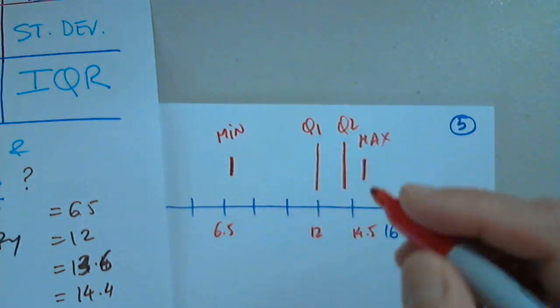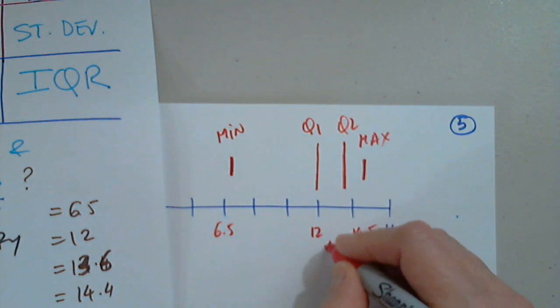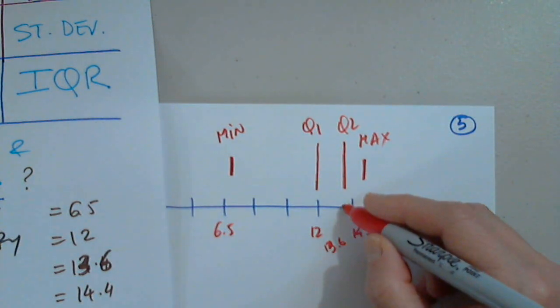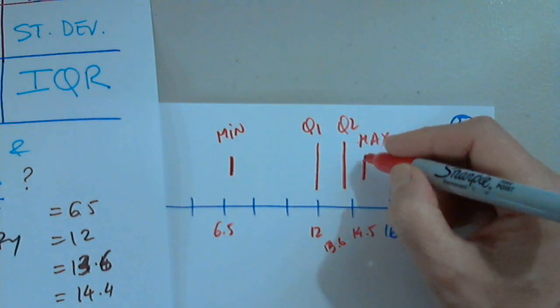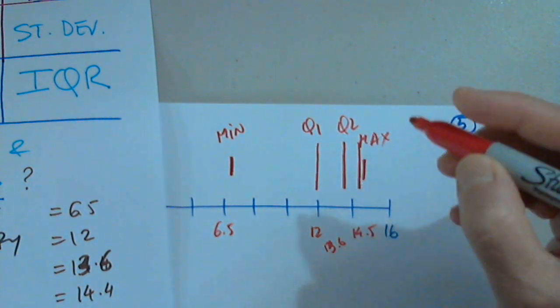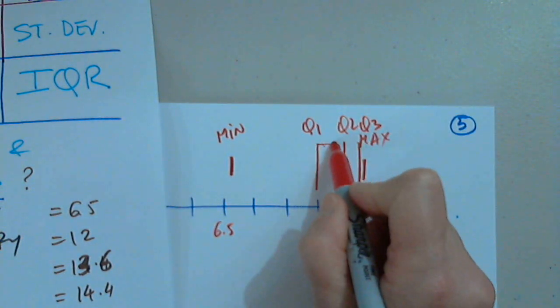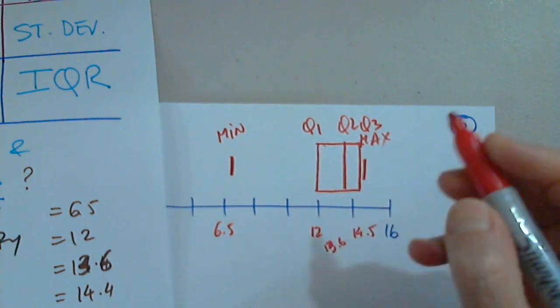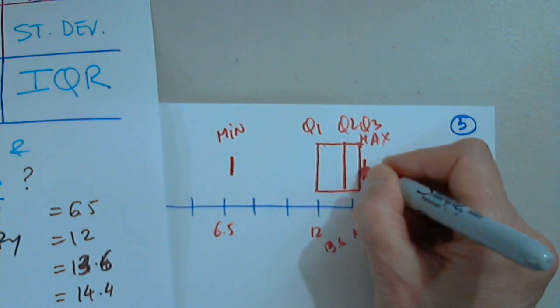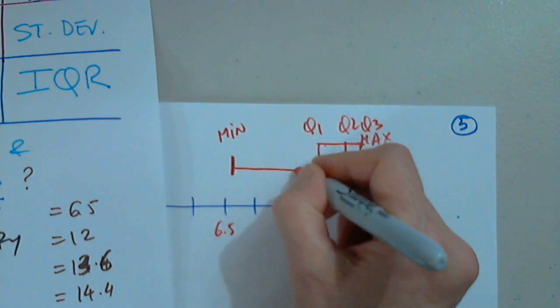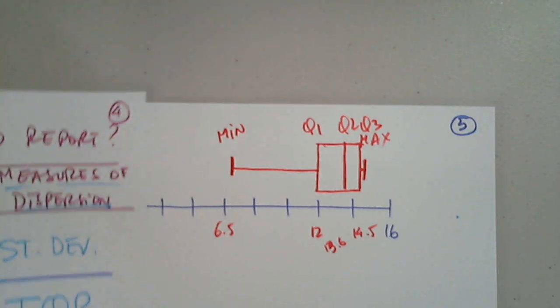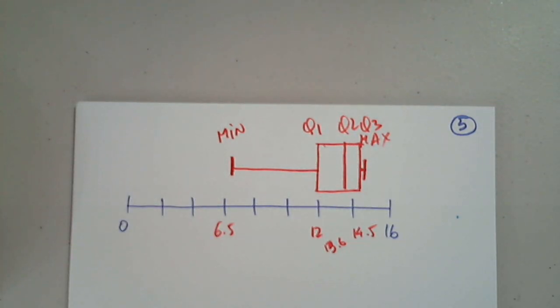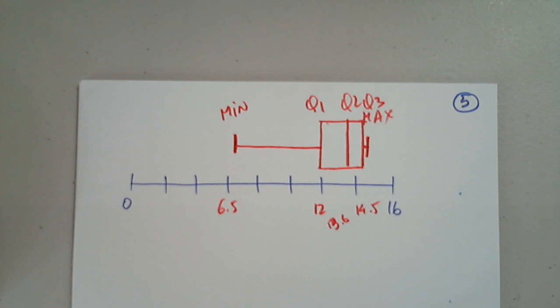So this is Q2 and 13.6. And right here, the next one will be 14.4, and this is Q3. I connect with something called whiskers. So this is my box plot.